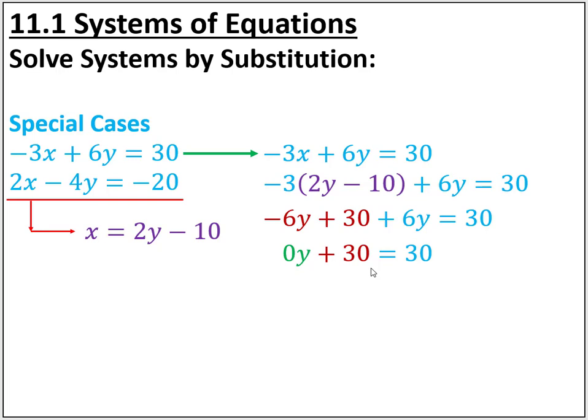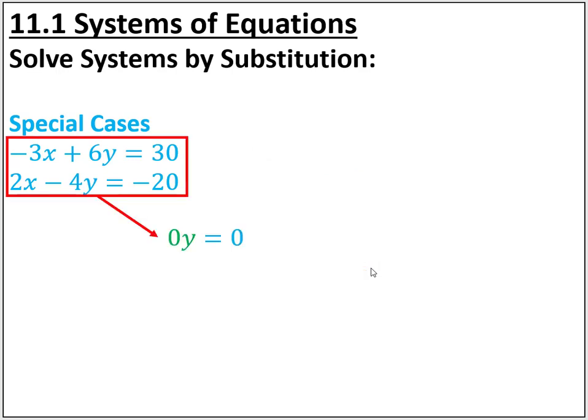Now I'm going to cancel out the 30 from the left side of the equal sign by subtracting 30 on both sides. On my left side, I'm just going to have 0y, and on the right side of the equal sign I'm going to have 0, since 30 minus 30 cancels out. So we end up with 0y equals 0.